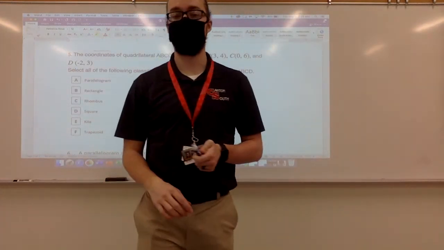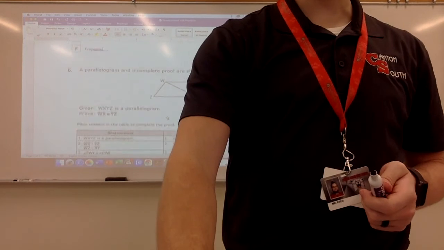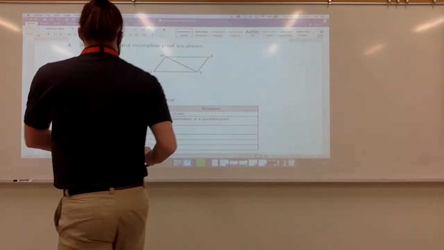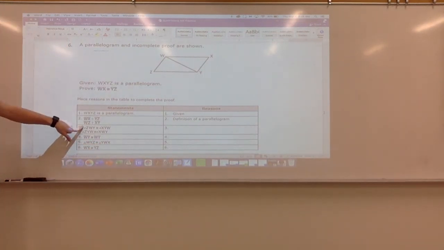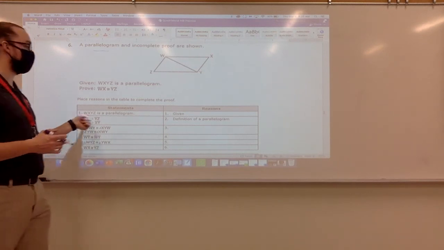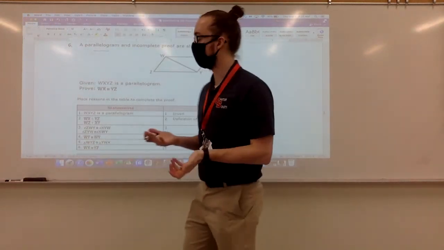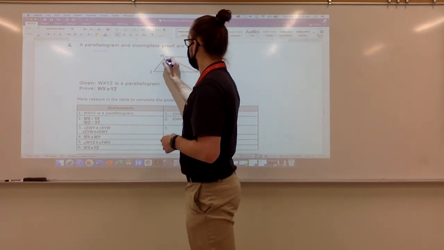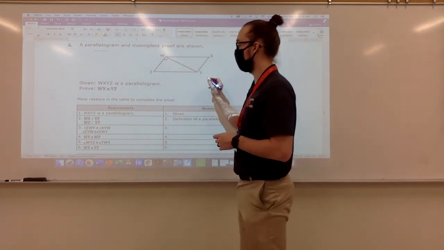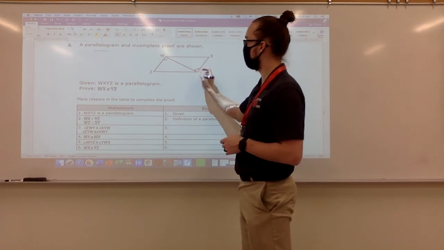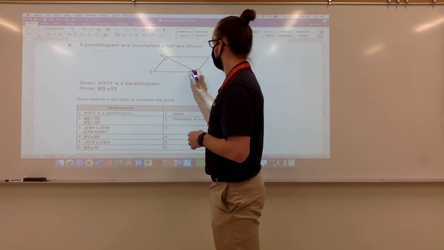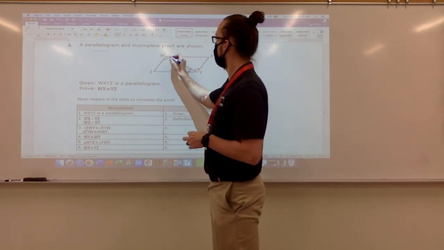the proof. Okay, and this is a proof that was pulled directly off of a previous AIR test. They tell us that this is a parallelogram, then opposite sides have to be parallel because it's a parallelogram. Then they say, well, angle ZWY has to be congruent to angle XYW, so these two, and angle ZYW has to be congruent to angle XWY.